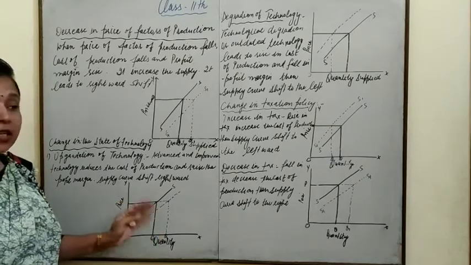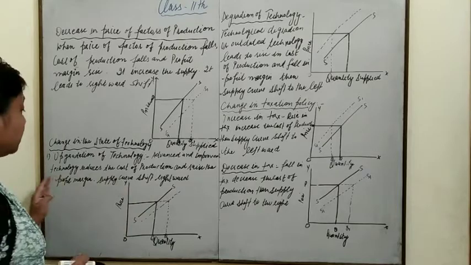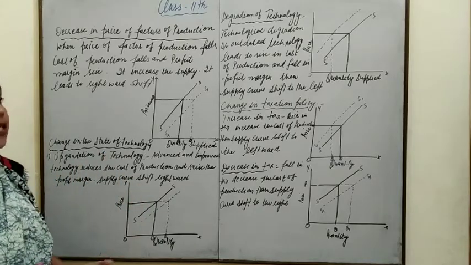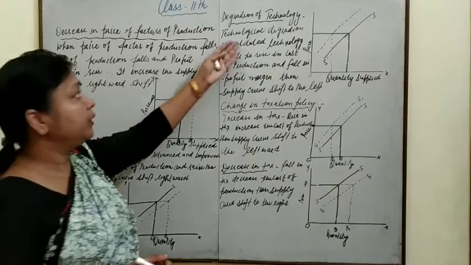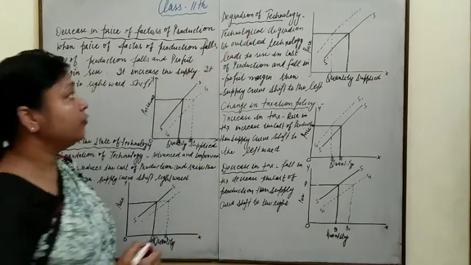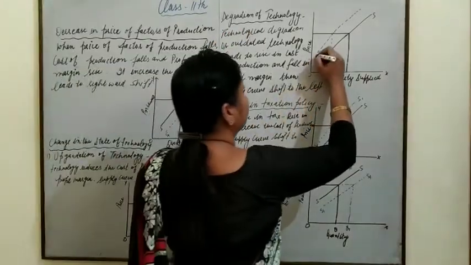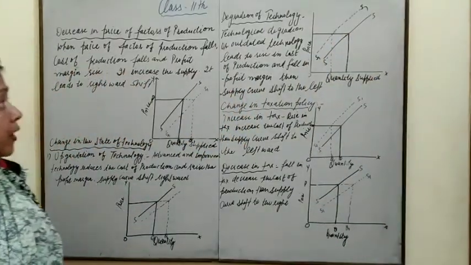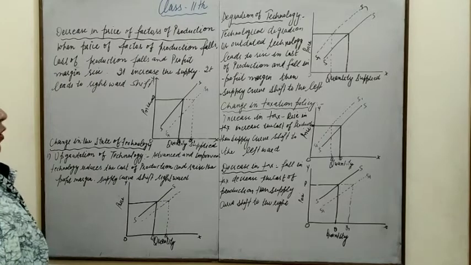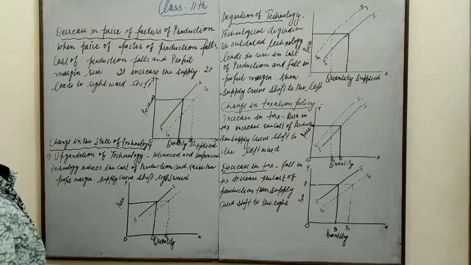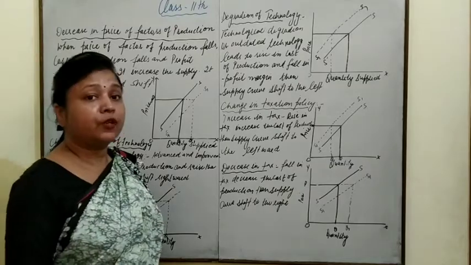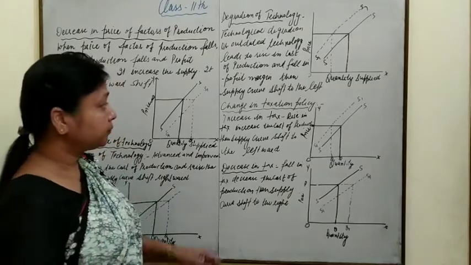But with degradation of technology, if we are using outdated technology, that will increase our cost of production and the profit margin will be reduced, so the supply will be less and the supply curve is shifted to the left.